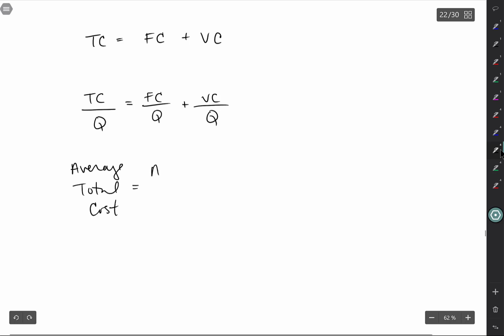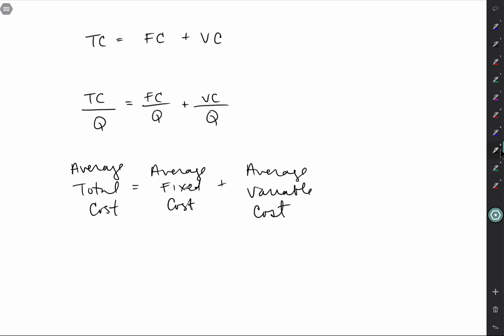Is equal to average fixed costs, bear with me, plus average variable costs. Average total cost is the sum of average fixed costs plus average variable costs.